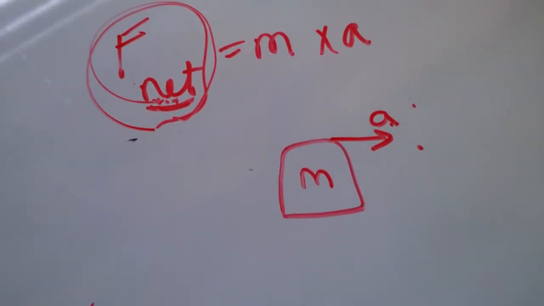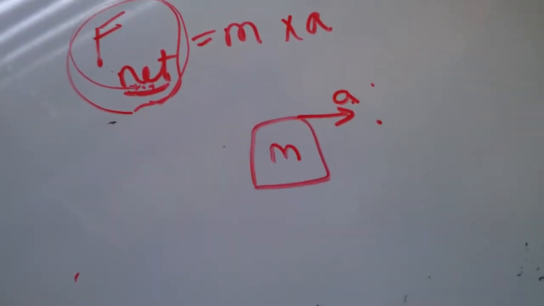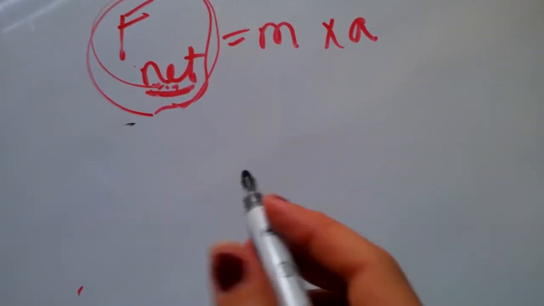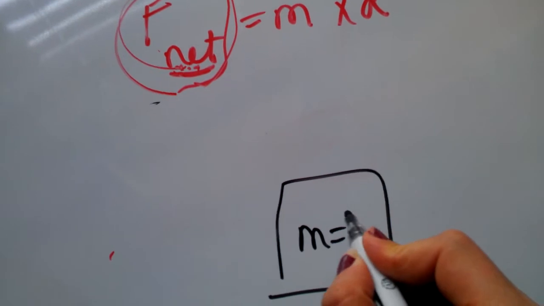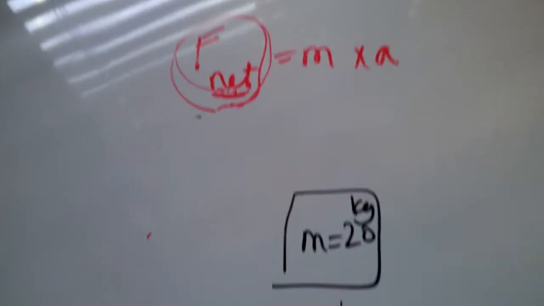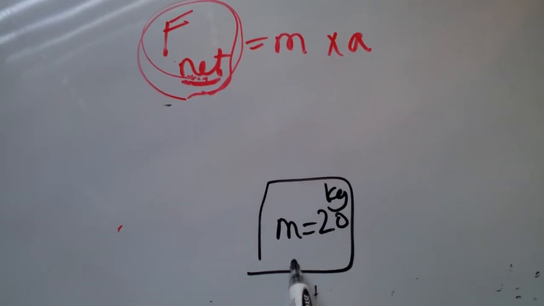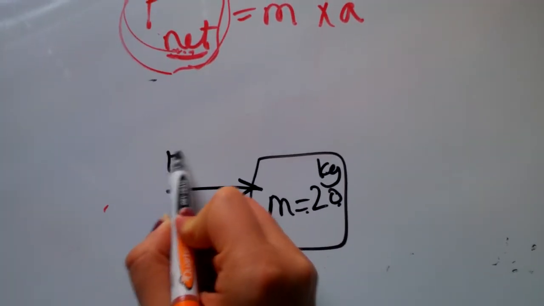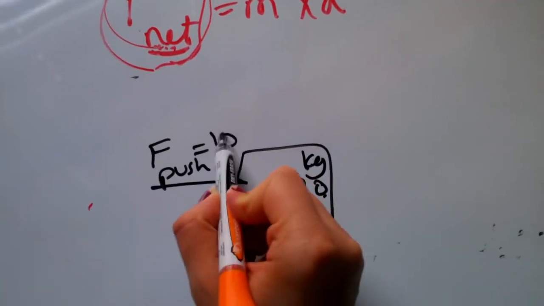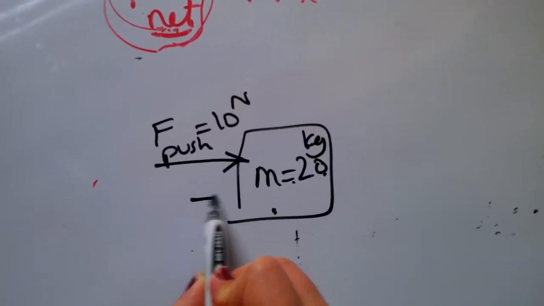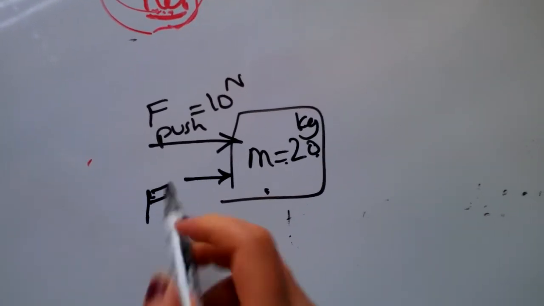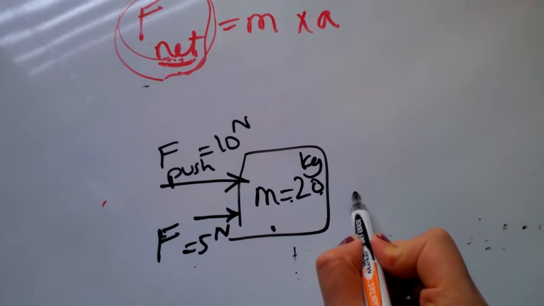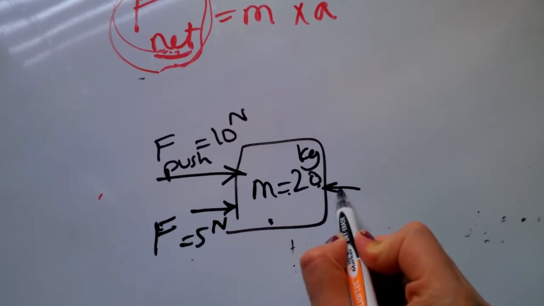Okay. For example, let's say I have a block of mass 20 kilograms. So that's pretty big. If I have a block of mass 20 kilograms, and I push by 10 newtons this way, my little sister comes and she pushes it by 5 newtons. Then there is this naughty boy that wants to resist our pushing force.